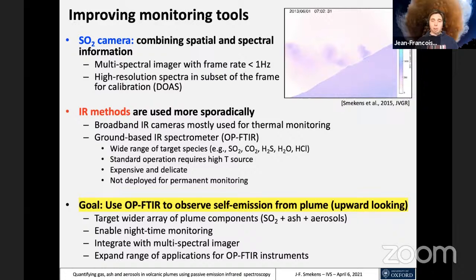So not only the SO2 gas, but also ash and aerosol particles. And then this would open the door to nighttime monitoring with the OpenPath FTIR and nighttime monitoring of gas species.